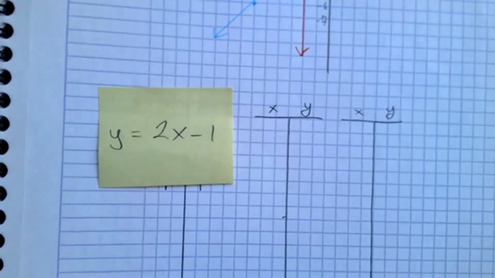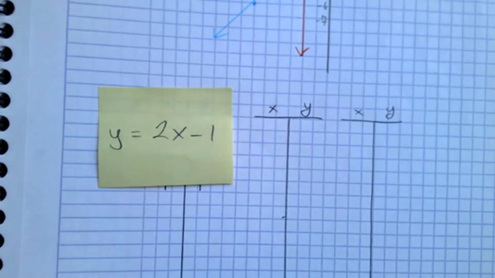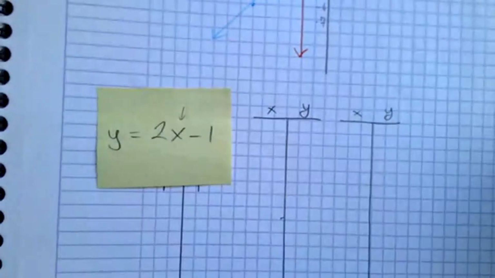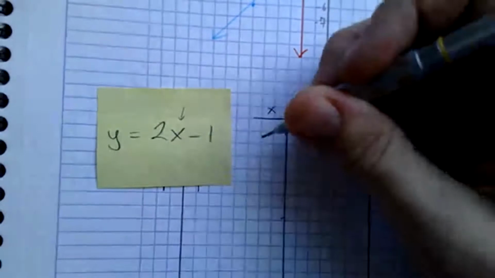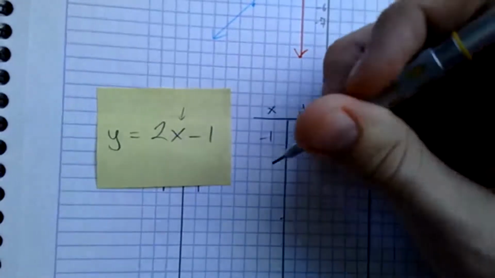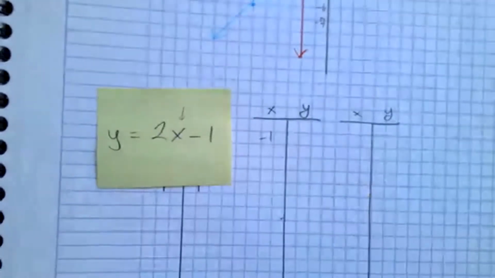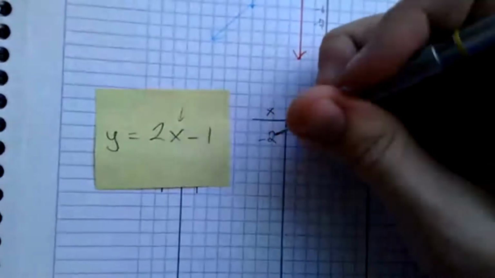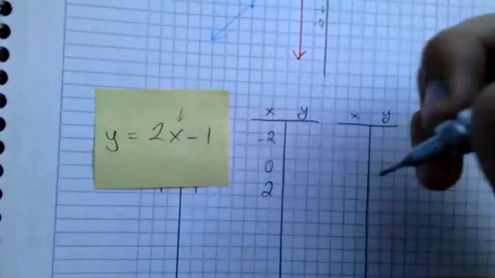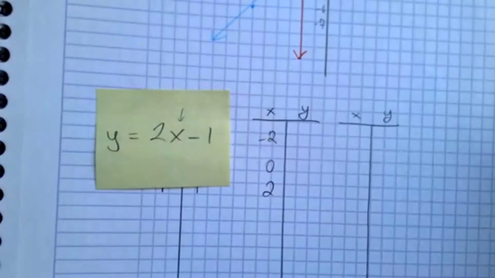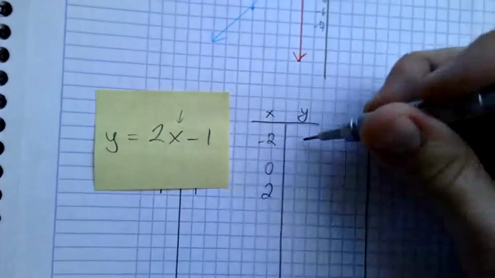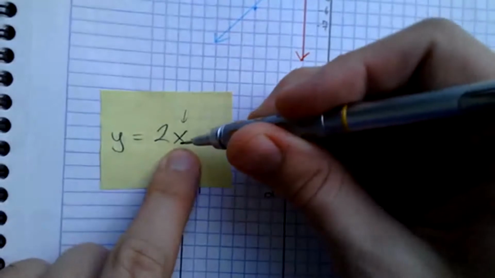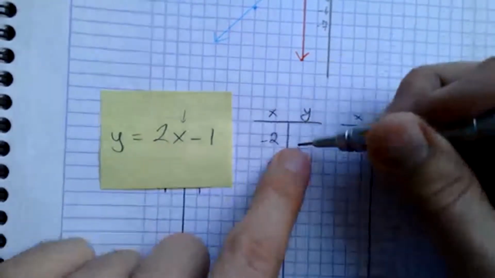And for this, we're actually going to do the same process that we did last time. So this x can be whatever you want. Let's choose several values. Actually, let's mix it up a little. Let's just choose some different ones, -2, 0, and 2. Now what you do to write down the second column is you just plug in x and find out what y would be.